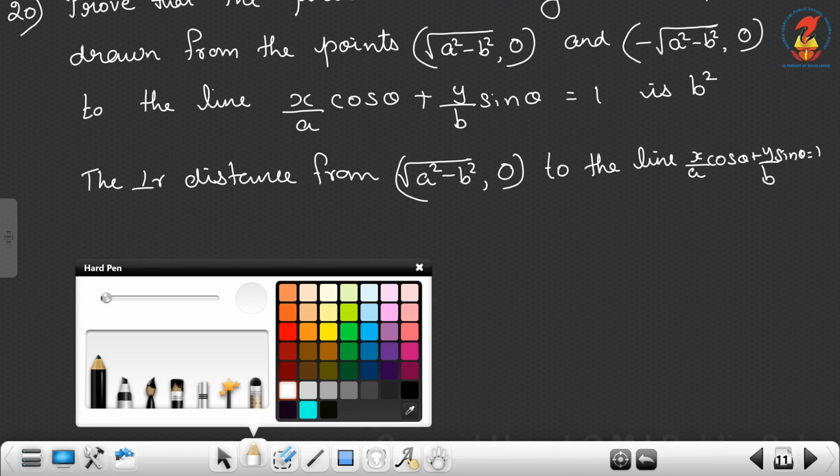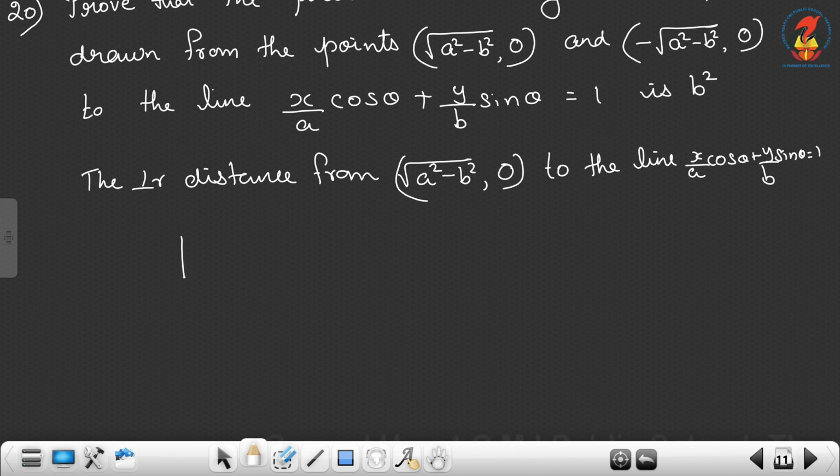The perpendicular distance from a point to the line, modulus. For that you have to substitute x: root of a square minus b square cos theta by a, plus the next term becomes 0 when we put y as 0.